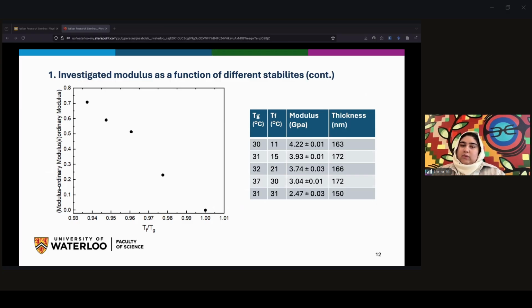Once we saw that the stable glasses of the same polystyrene have the modulus in the gigapascal range, that's why we are saying that it has a higher modulus as compared to the ordinary ones.